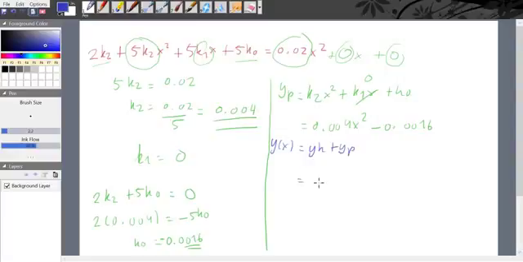Remember, our yh is e to the power 0, which is 1, so it doesn't matter, a times cosine square root of 5x plus b sine square root of 5x, that's our homogeneous solution, plus our yp, 0.004x squared minus 0.0016. So this is our general solution over here.